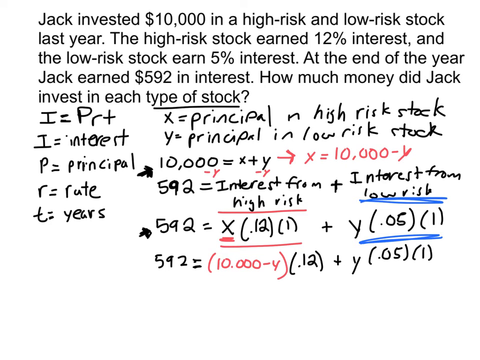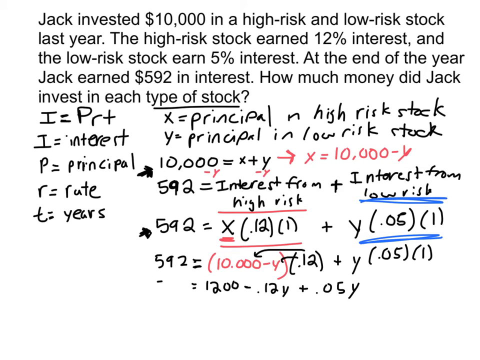Okay, so now it's just algebra, solving for y here. First thing I'm going to do is distribute this 0.12 in, and so I'll have 1,200 minus 0.12 times y plus 0.05 times y. Anything times 1, so basically that 1 goes away.